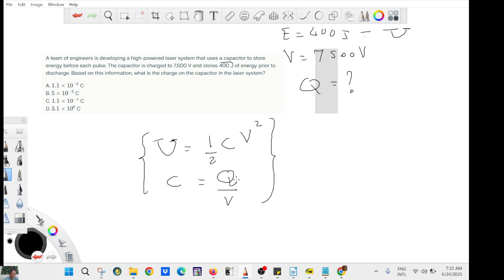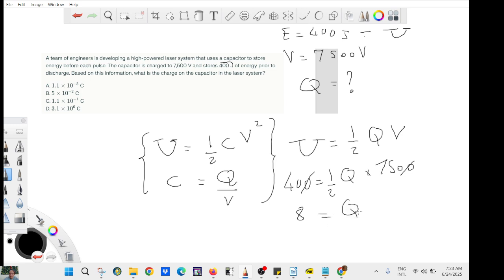So if you plug that into this one, you have the energy equals 1/2 Q times V. So 400 equals 1/2 Q times 7,500. And remember, you cannot take the calculator. So here you have 8 equals Q times 75. So Q equals 8 divided by 75.